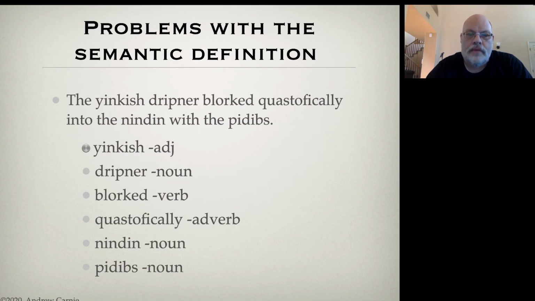So we use these suffixes and we use the syntactic position to figure out what the part of speech is, even though we don't know what these words mean. So that tells us that the semantic definitions, a noun is a person, place, or thing, a verb is an action, occurrence, or a state of being, those kinds of definitions, while intuitive, are almost certainly wrong.